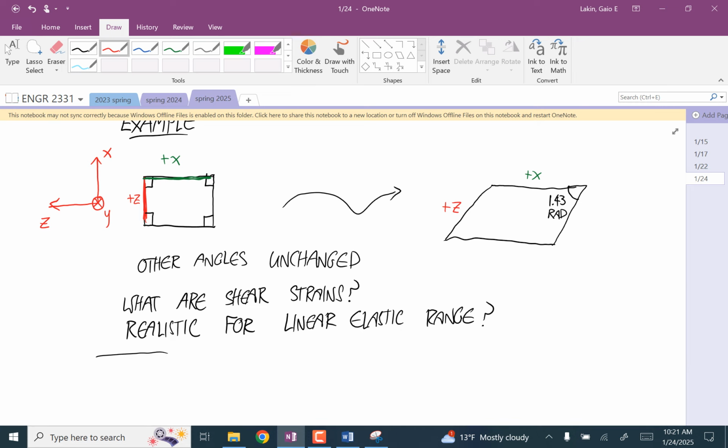the angle that we want to calculate the shear strain from is not this 1.43. Okay, but we can figure out what this is because it's a parallelogram. So this just has to be pi minus 1.43, so that's equal to about 1.71.